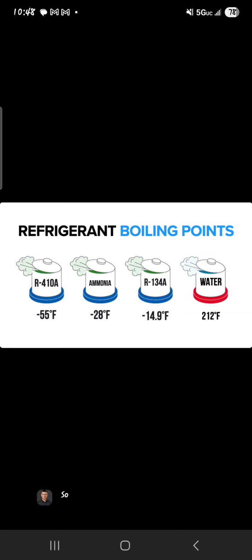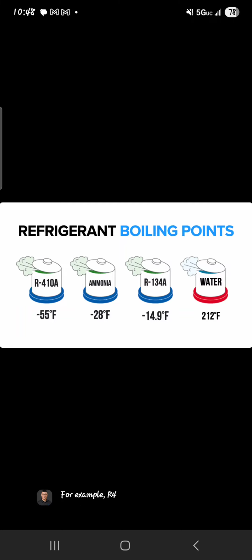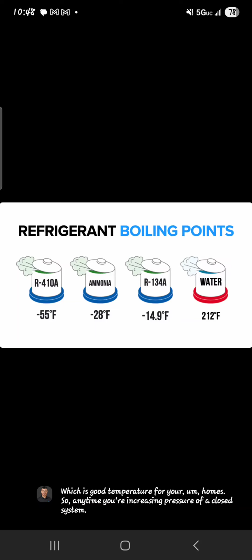So why do we use these types of refrigerants? Well, under pressure, they actually pick up in temperature, which makes them good for comfort cooling. For example, R410A under 200 psi will boil at 65 degrees Fahrenheit, which is a good temperature for your homes. So anytime you're increasing the pressure of a closed system, you're also increasing the temperature, and vice versa.